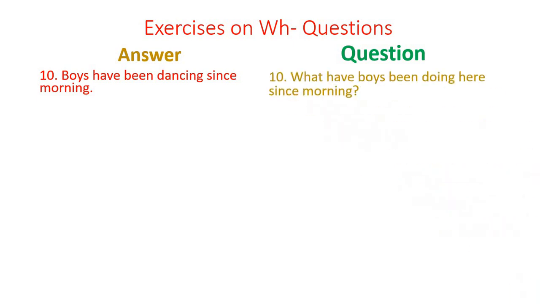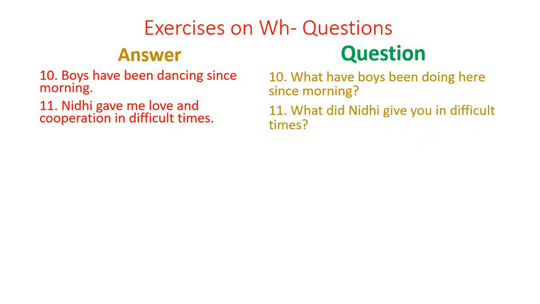And the question is, what have boys been doing here since morning? Next, Nidhi gave me love and cooperation in difficult times. And the question is, what did Nidhi give you in difficult times?